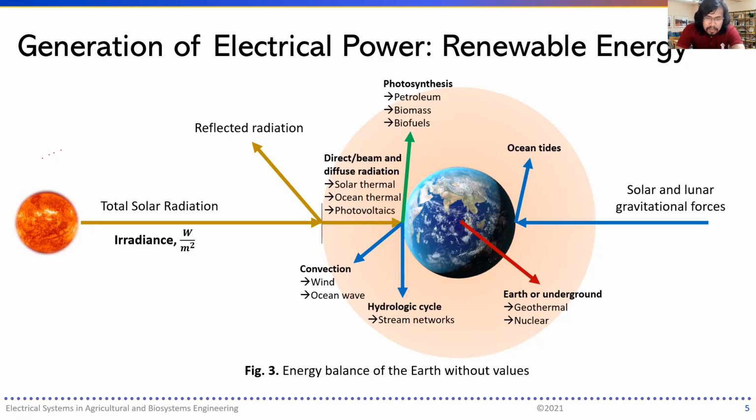Now there's the energy from the gravitational effects of the sun and the moon, and this leads to the ocean tides.